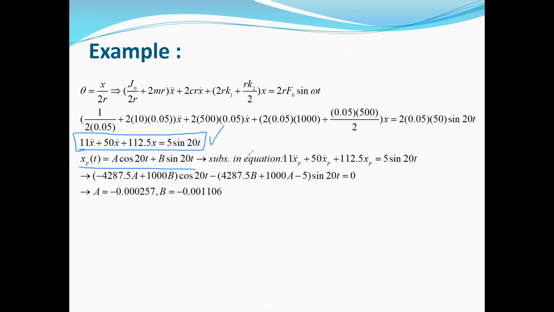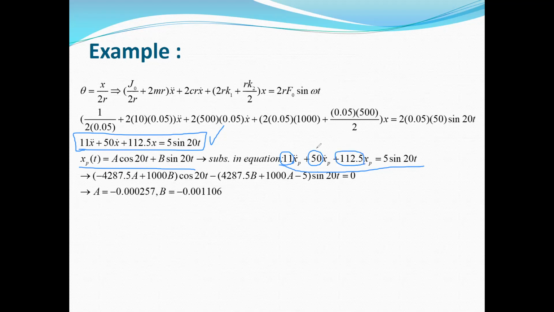We need to find xp dot and xp double dot, and then substitute here: 11 times xp double dot, 50 times xp dot, and finally 112.5 times xp. As you can see, this value 11 is the equivalent mass. This is the equivalent damping constant, and this is the equivalent stiffness, or K equivalent, for your system.